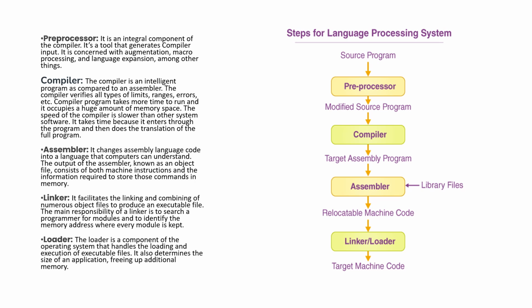Then loader is a component of the operating system. It handles the loading and executing of executable files, and it also determines the size of the application, freeing up the additional memory. So all these, preprocessor, compiler, assembler, and linker loader, are also known as the cousins of compiler, which are used along with the compiler for translating the high level program to the low level program.